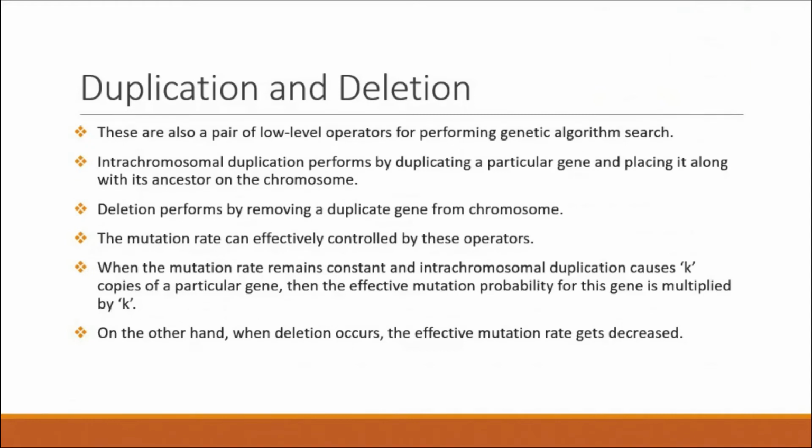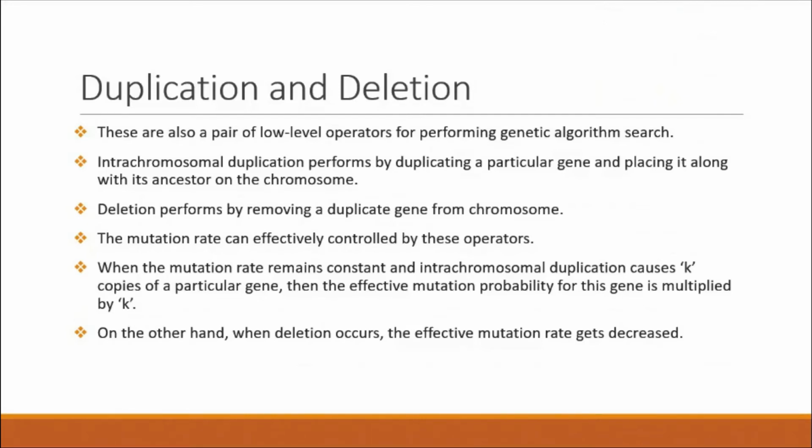Then comes the duplication as well as deletion. In duplication and deletion, we create multiple copies. Intrachromosomal duplication is performed by duplicating a particular gene. Sorry, not the chromosome, it is the gene that is being duplicated.